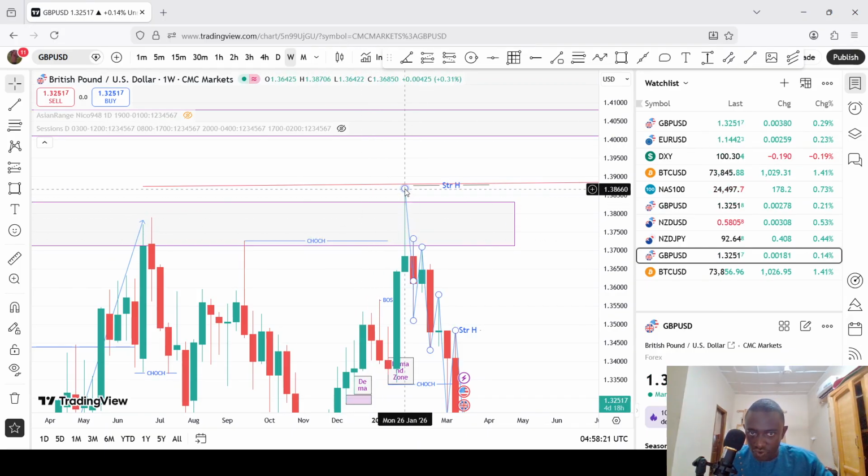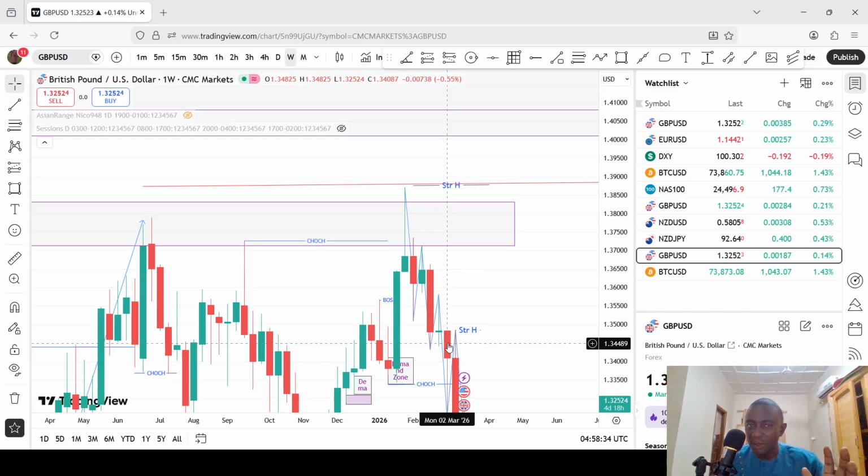So it went through, just sweeping some people's stop losses, and it came all the way down to this point and closed before at least coming down, which means from the weekly perspective, which is actually following our bigger trend, it is telling us price was bearish. It was just a wick, just a liquidity sweep.